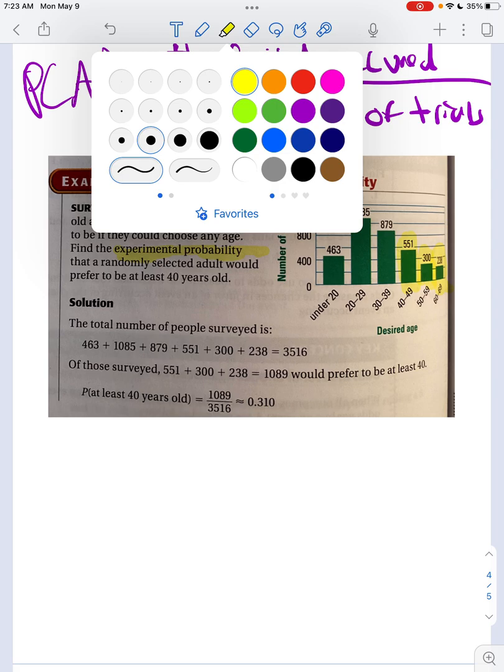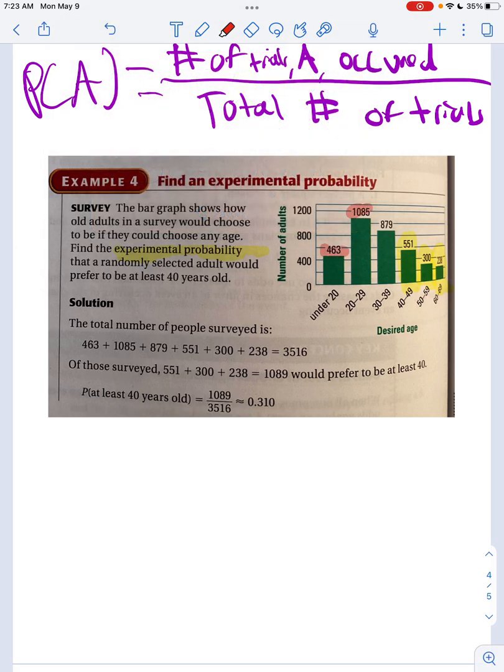We added up all of the totals of our bar graph, and we end up getting a total of 3,516. And of those surveyed, in the three categories that we're looking at, we had 1,089. So the probability that someone chooses to be at least 40 years old gives us about 0.310, or about 31%.